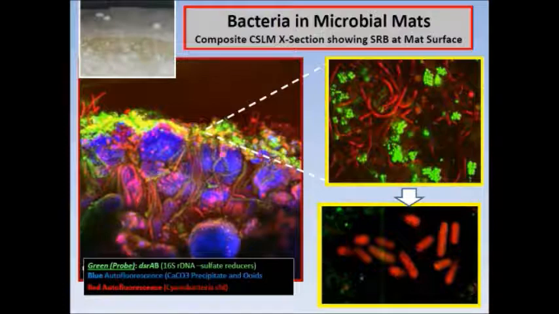The red stringy things are cyanobacteria. I think what you can see is that it's packed with bacteria. We'll see there are over 30,000 different types of bacteria here.